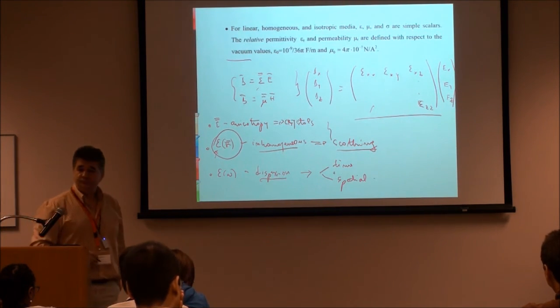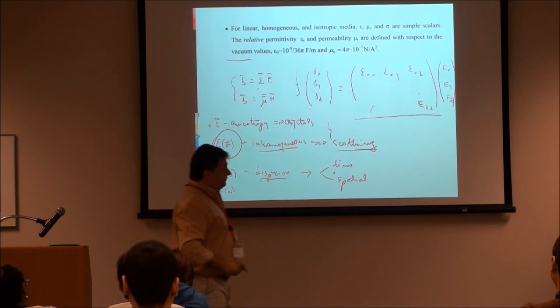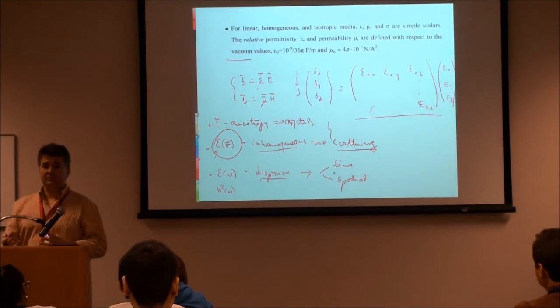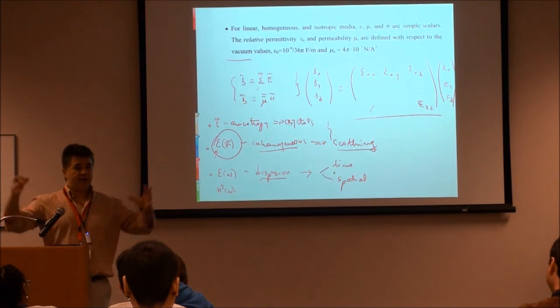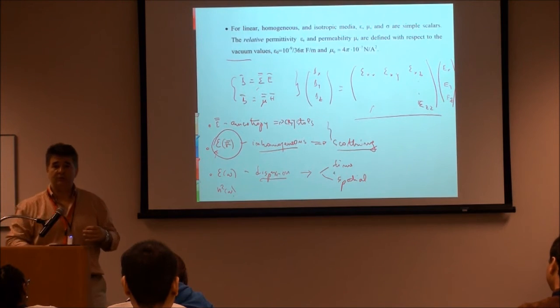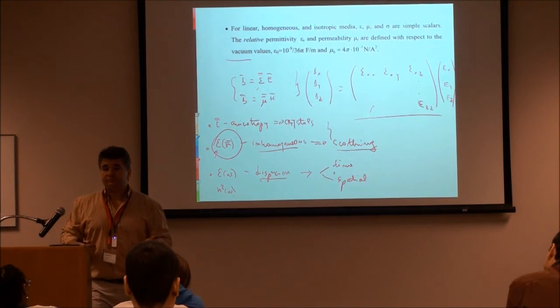Why is that? Well, basically epsilon is something like the refractive index squared. So the fact that the refractive index depends on the wavelength or on the frequency means that I have an imaging system, like my microscope or your digital camera, that video camera, pretty good, is actually imaging with white light.